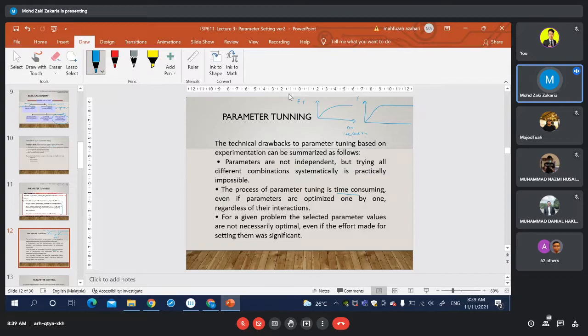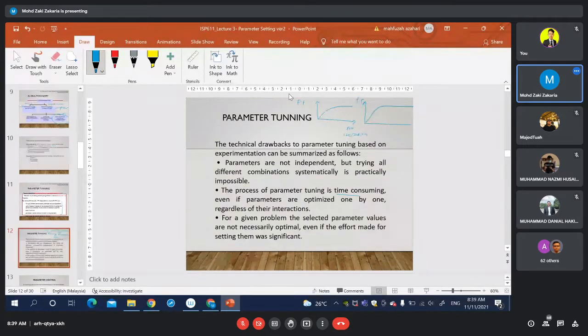Okay, which graph do you think has good quality, experiment 1 or experiment 2?